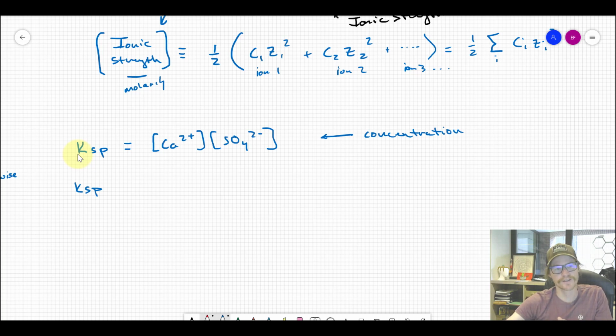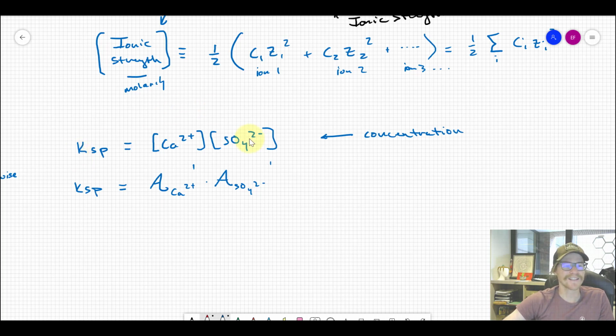the hydration sphere that surrounds these ions, how water actually coordinates around them. So in reality, the equilibrium constant is equal to the activity of calcium times the activity of sulfate, each raised to whatever power that would be. In this case, it's 1 because the coefficient is 1 in the balanced chemical reaction.